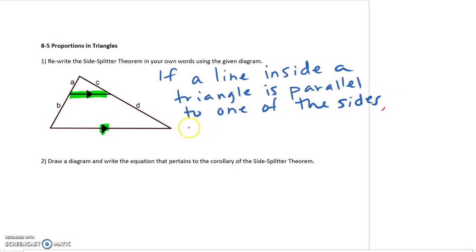Then the side parts, right? The little parts on the two sides that it's cutting up, and I'll call them the split sides. That's why it's called the side splitter theorem.